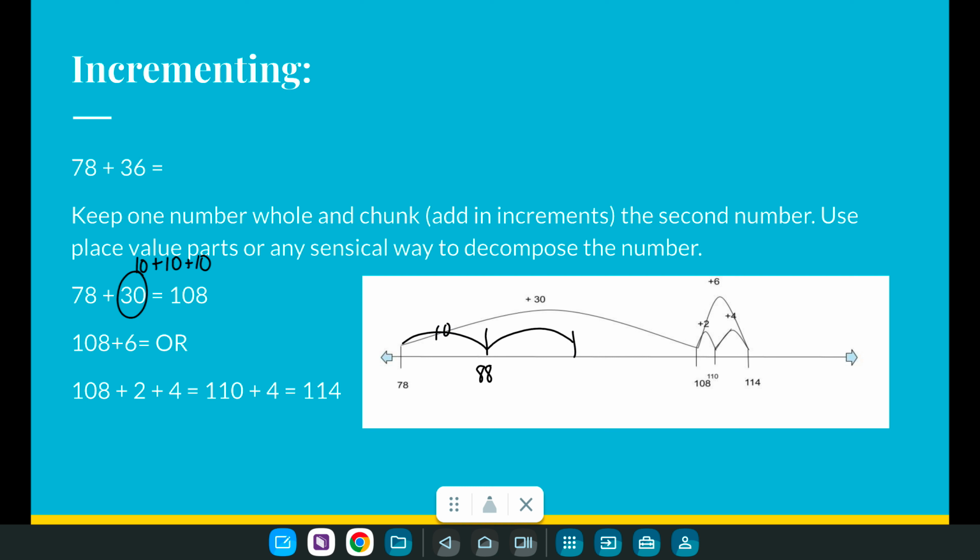So 88, 98. I'm not completely proportional here, but 78, 88, 98, 108.